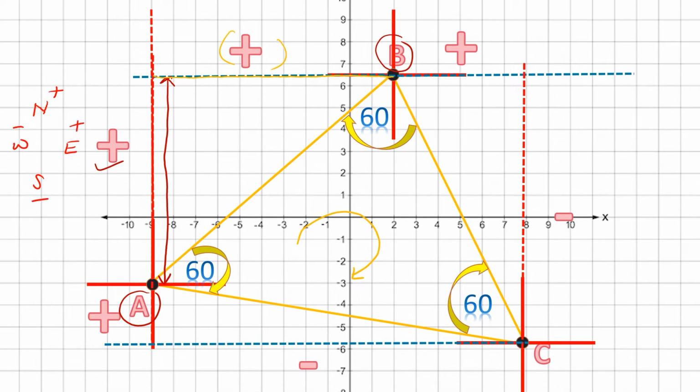These are the sign conventions. From B we are moving towards C, so this is my departure, which is going to be positive, and from here I'm moving towards point C, so my latitude will be negative. From C we are moving towards A, so our departure will be negative, and then we have to move up to reach point A, so our latitude will be positive. These are the sign conventions.